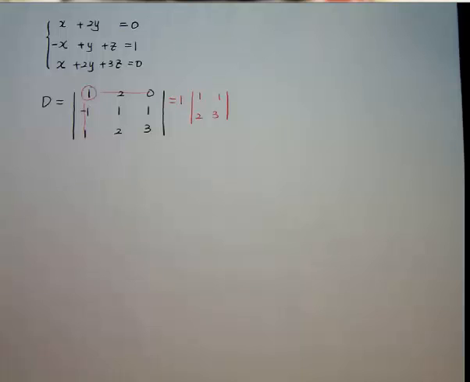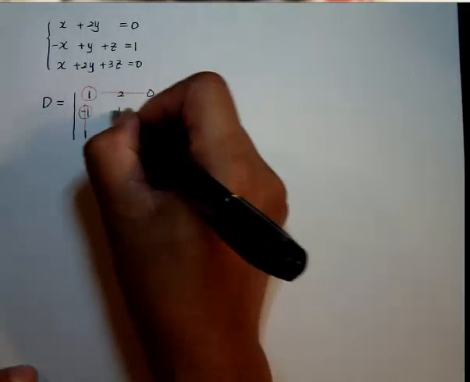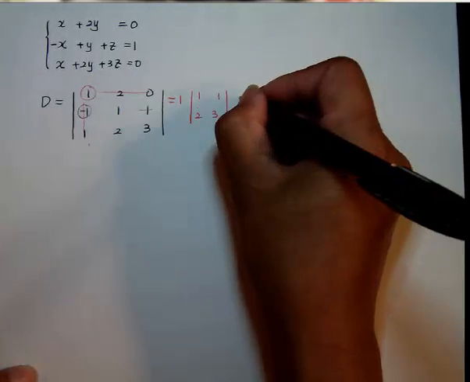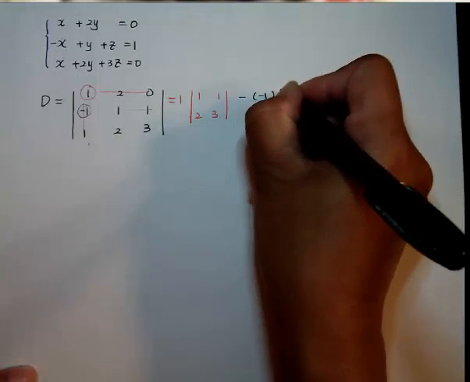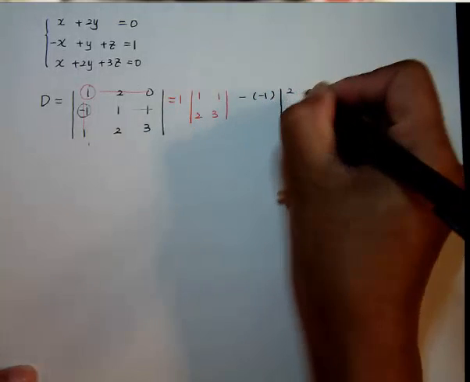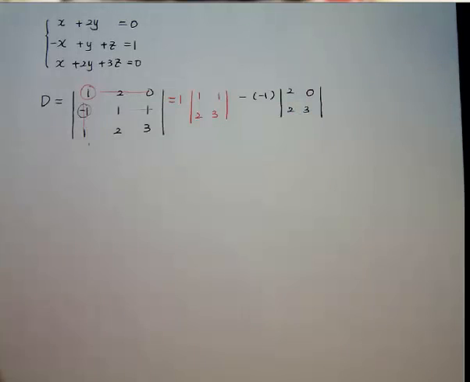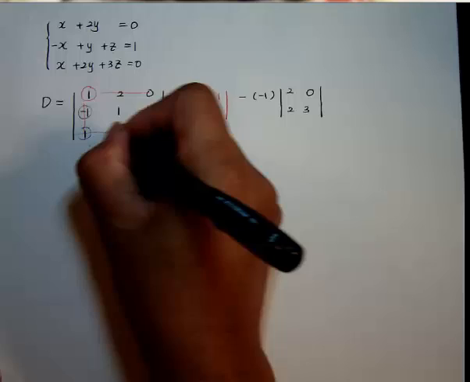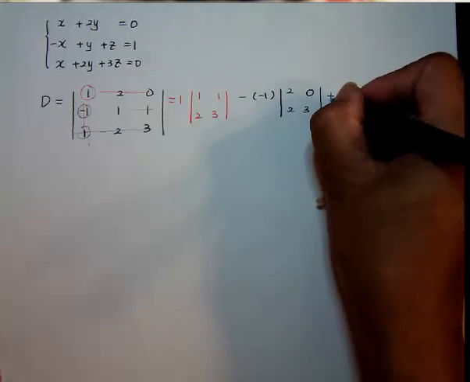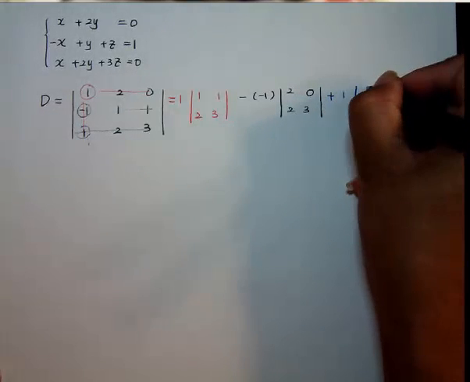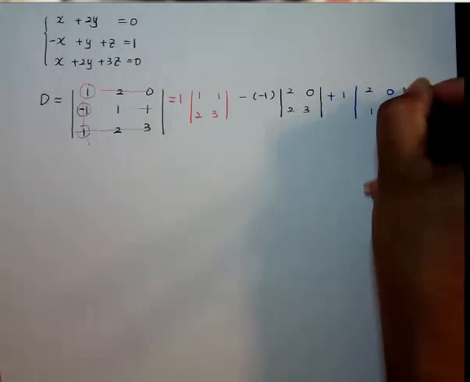Okay, the second one, I'm going to cross out this row and this column: minus negative 1 times the determinant of 2, 0, 2, 3. And the third one is cross out this row and column, so plus 1 times the determinant of 2, 0, 1, 1.